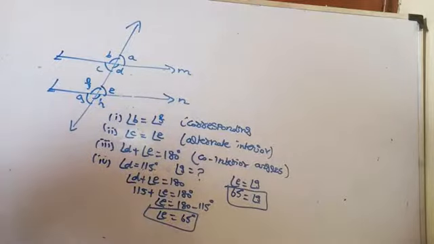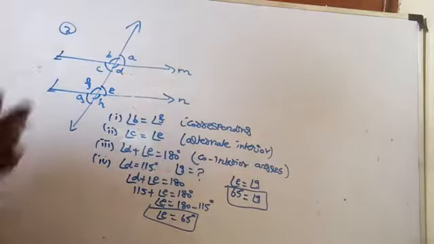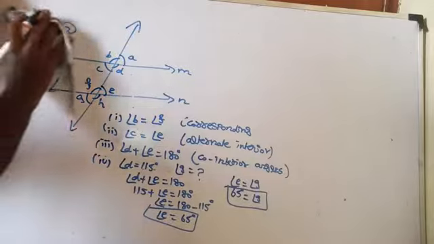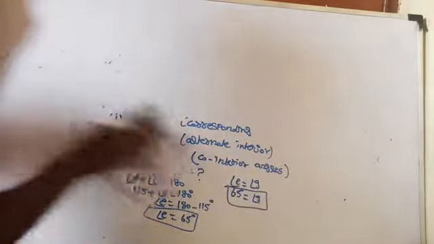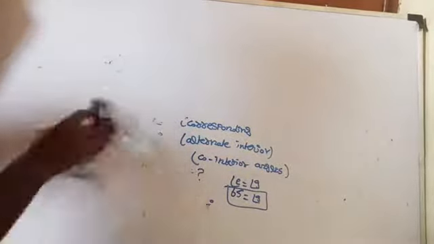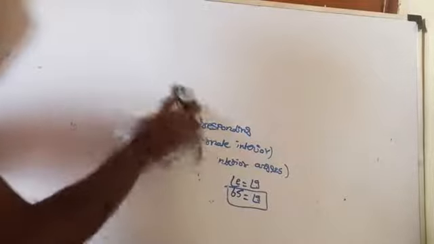Fourth question, question number 4. It's a very simple chapter. You just have to remember the properties of angles made by parallel lines and a transversal.